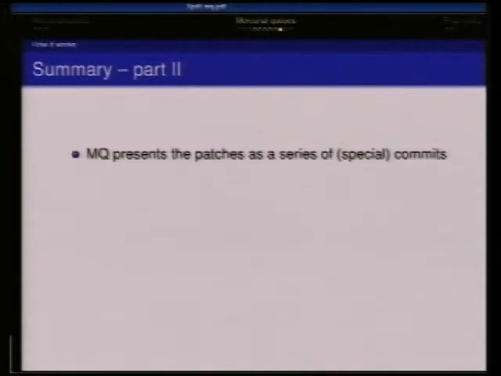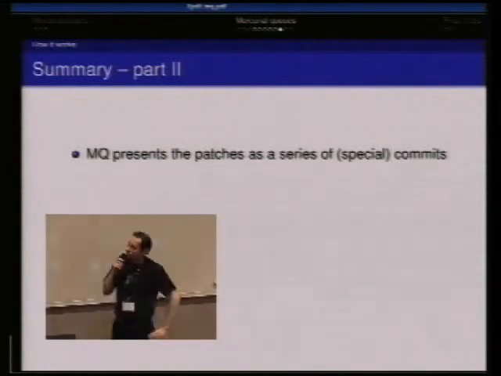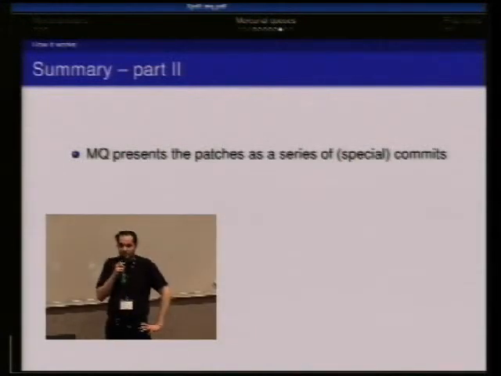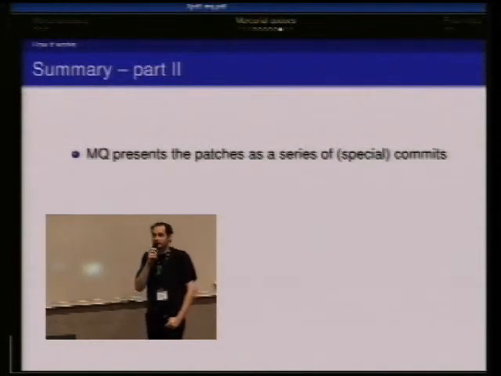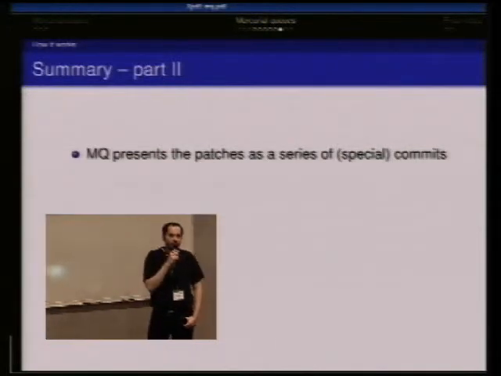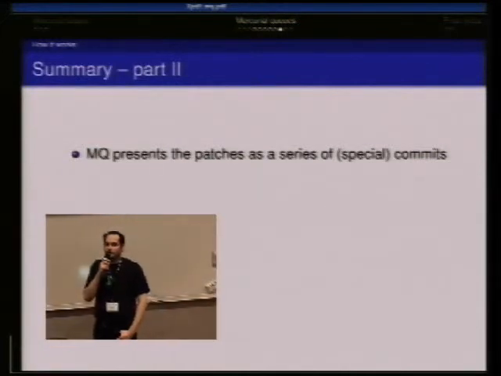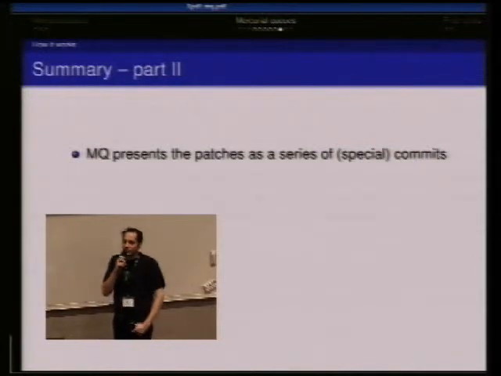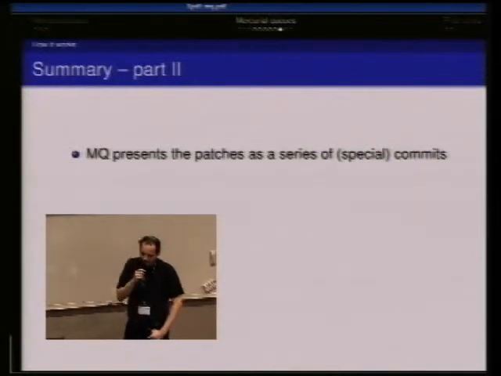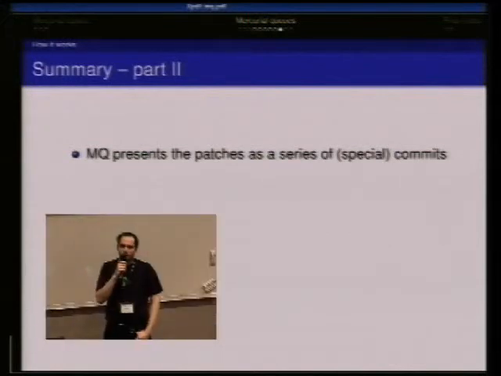Now, summary, second part. Mercurial Queues represents the patches as a series of special commits in the history. By special, I mean that when you have patches applied, you can't pull changes into your repository. This is just a soft lock. You can override it, but it's usually good practice to obey what Mercurial tells you.